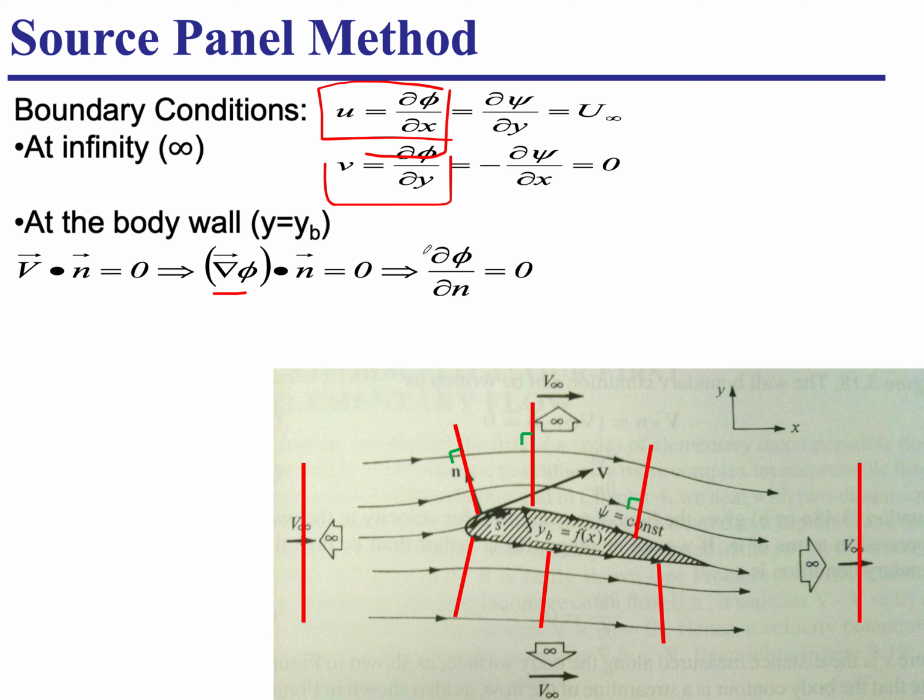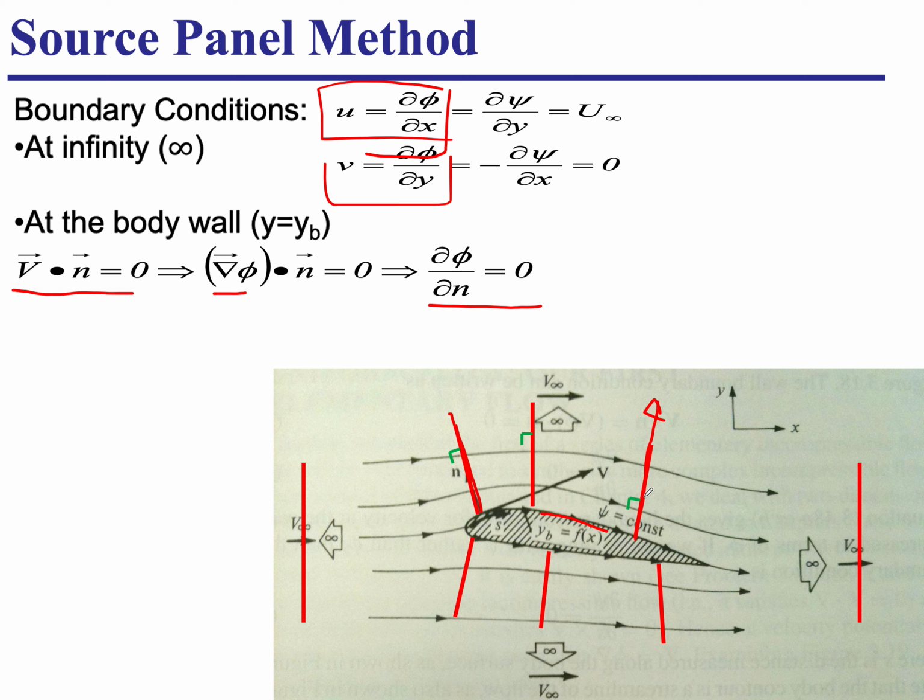This comes back to the point which we have seen before, that the velocity potential lines are perpendicular to the streamlines, and since the surface of the airfoil is a streamline, we can rewrite this condition as there being no normal velocity perpendicular to the airfoil, that is, the gradient of the velocity potential function along the normal direction is 0.